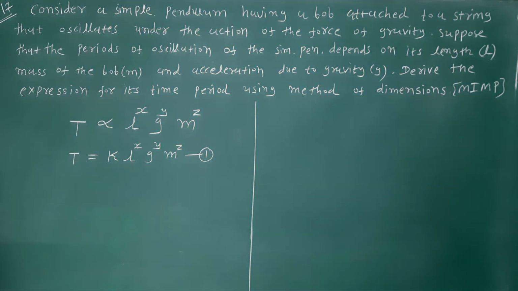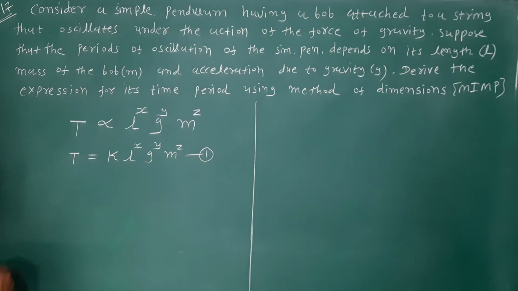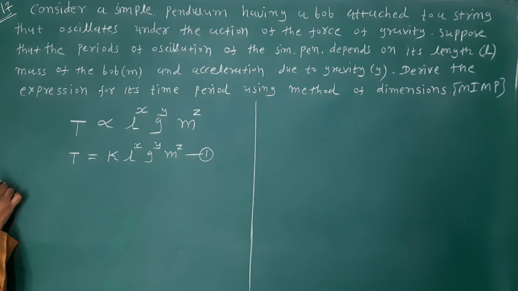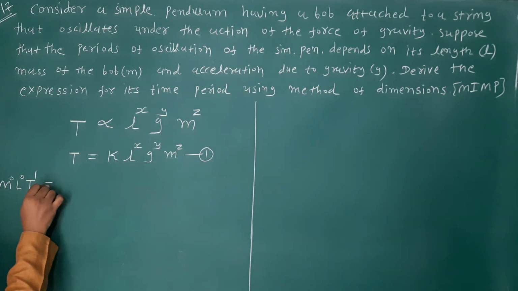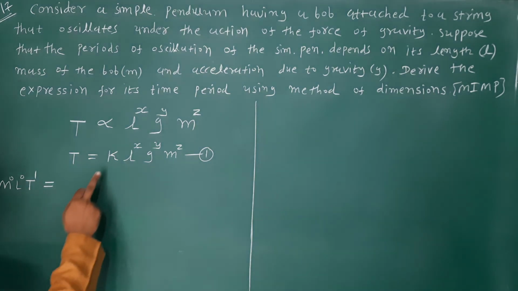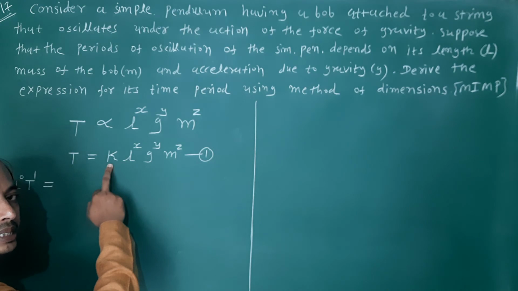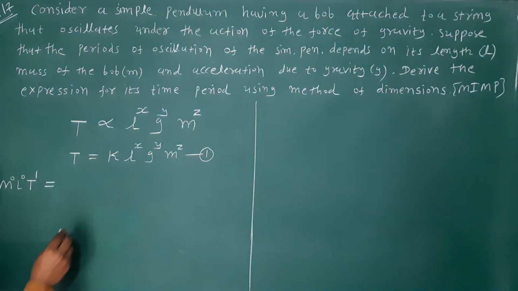Okay, so now we can write the dimension formula on both sides. The dimension formula of periodic time is M0, L0, T1. Here K is a constant and its dimension formula is M0, L0, T0, so neglect this.